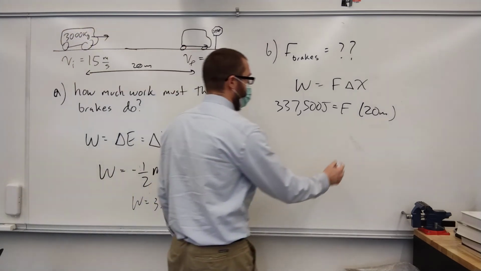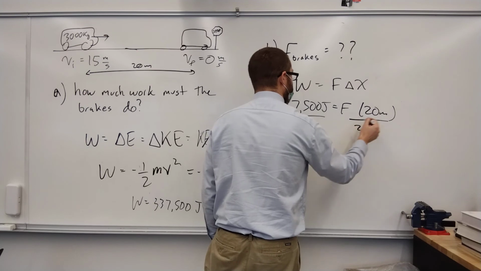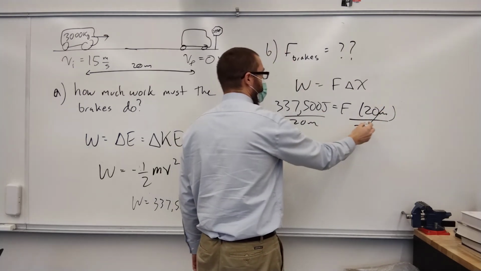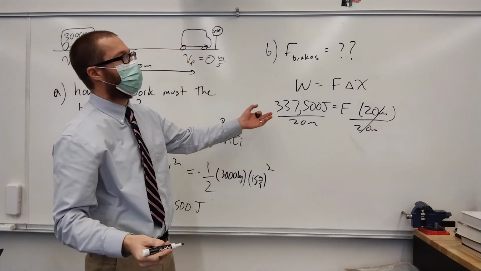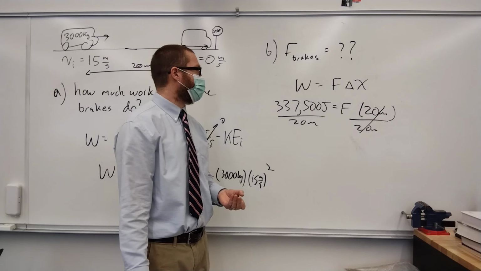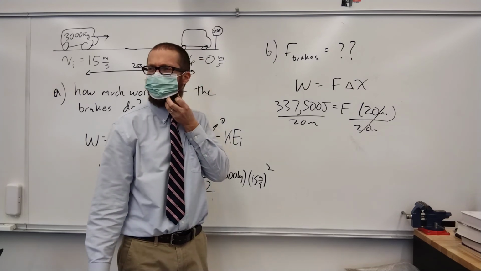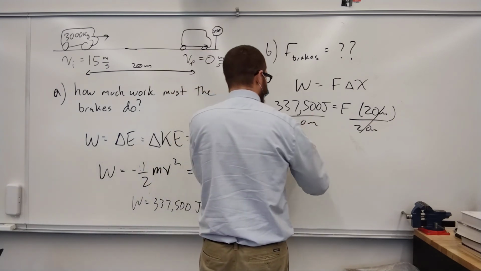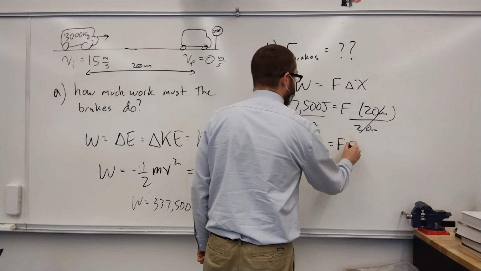Well, just divide by the 20 meters. And remember, joules are newton meters, so the meters cancel and this is going to give you a force. That divided by 20 is probably 17,000 newtons or so, the force acting.